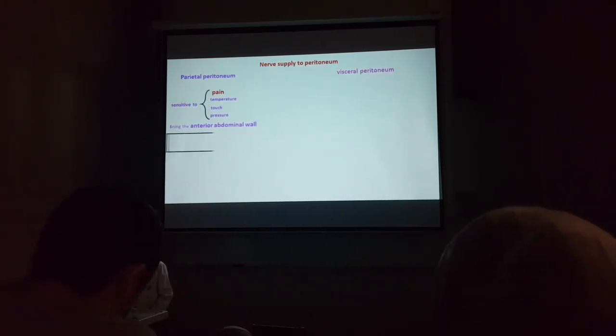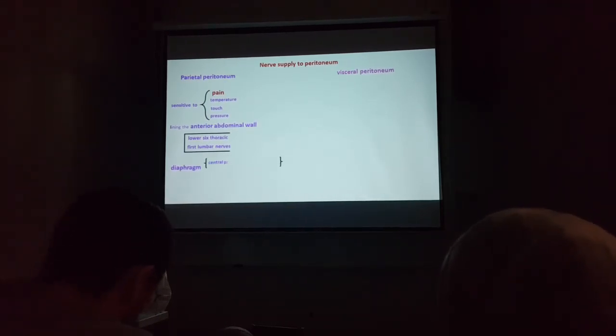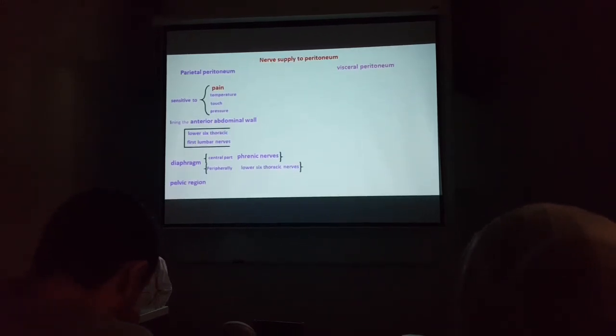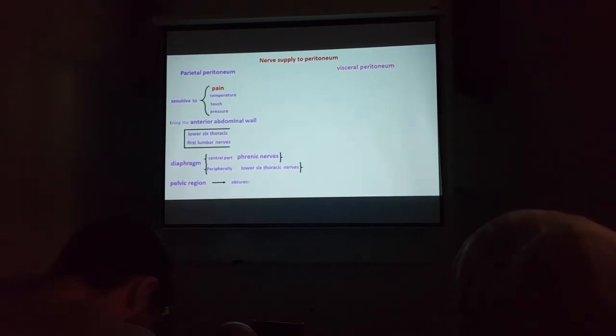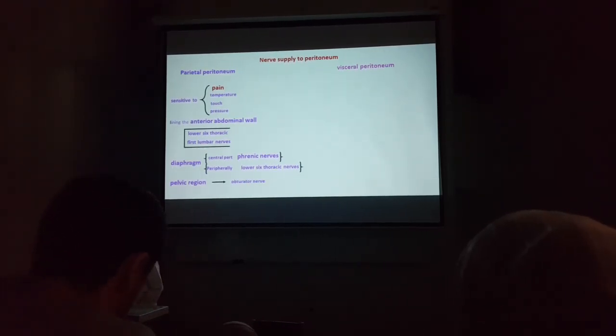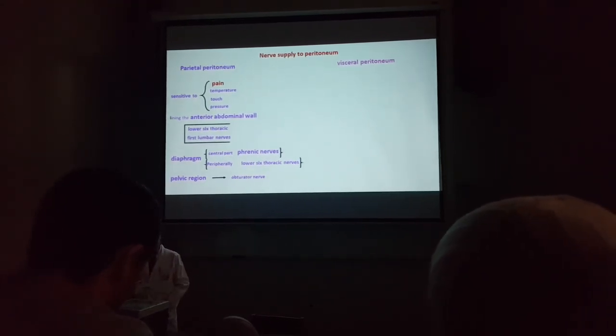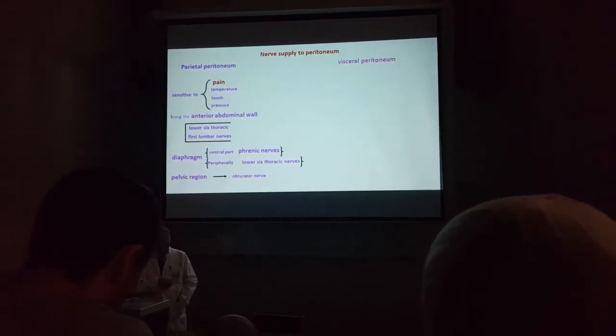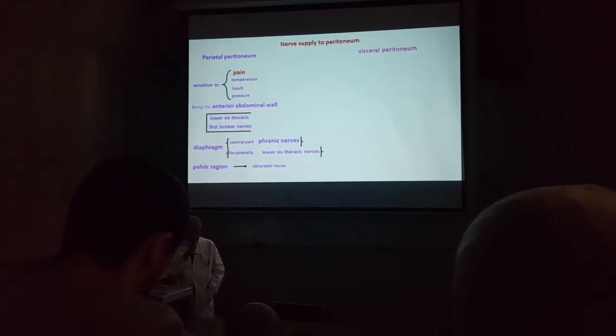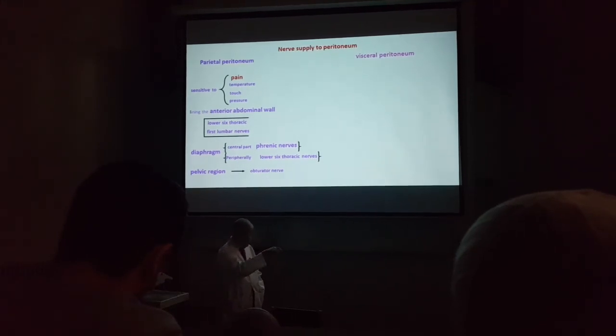Lining the anterior abdominal wall and supplied by the lower 6 thoracic and first lumbar nerves. The diaphragm is supplied in the central part by the phrenic nerve and the peripheral part by the lower 6 thoracic nerves. Pelvic region is the obturator nerve. If the parietal peritoneum is stimulated, the patient can tell you that the pain is here or here. Can point the finger at it.